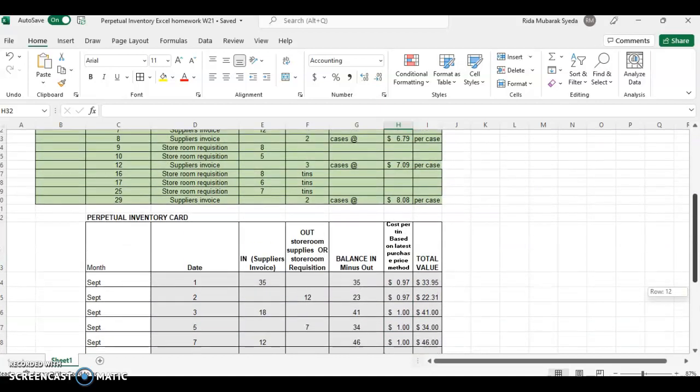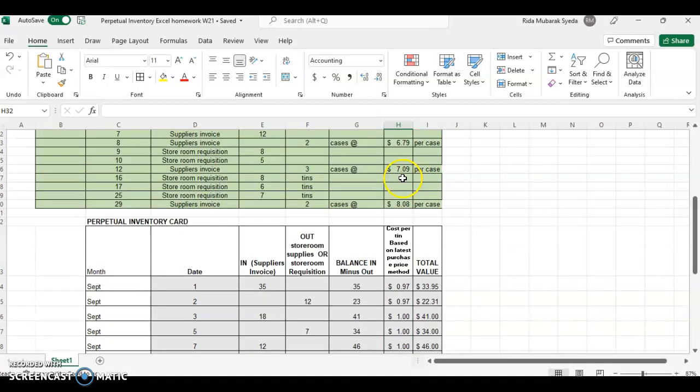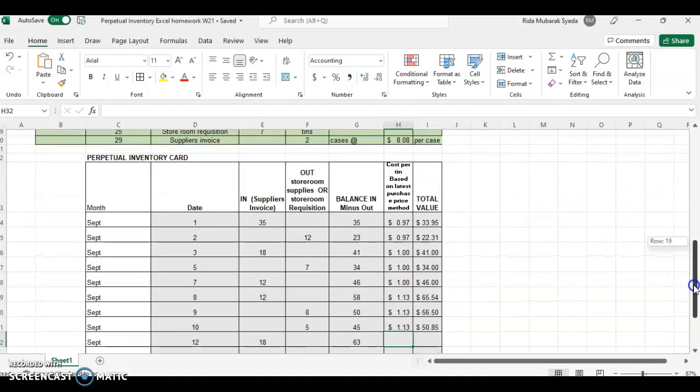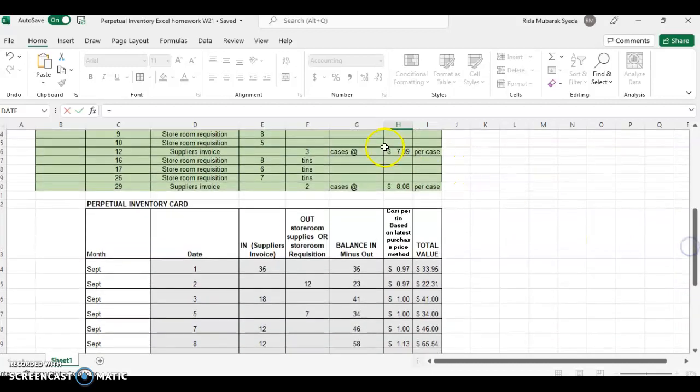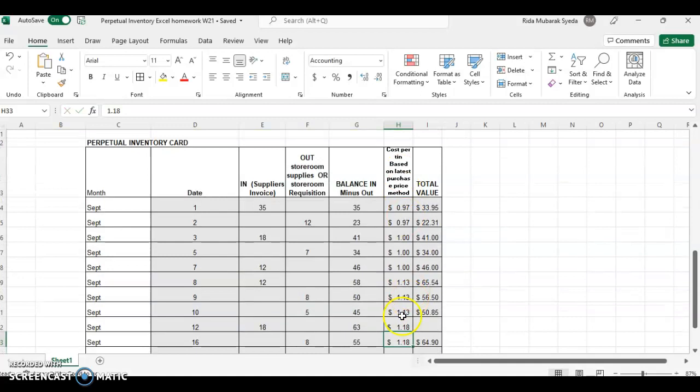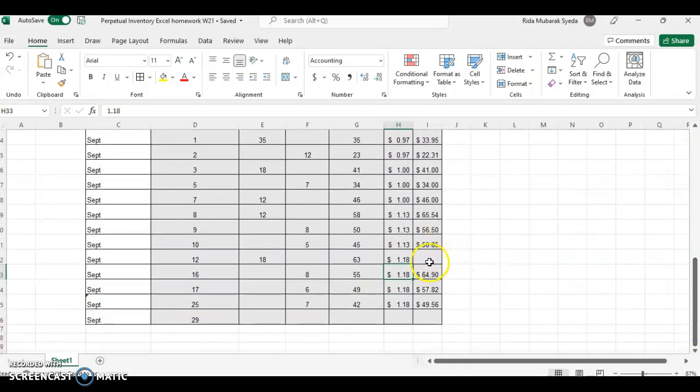Our new price value is 7.09. So we would do equal to 7.09 divided by 6, enter, and we get 1.18. Then we'll do the same thing, cell reference: equal to 63 times 1.18, and we get 74.45.